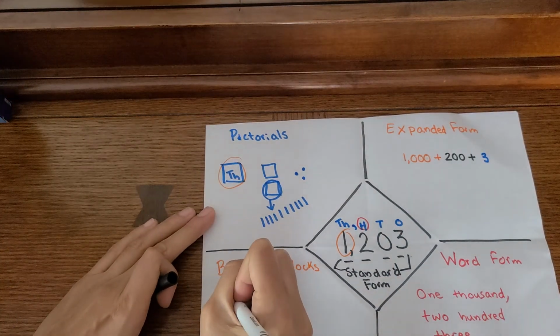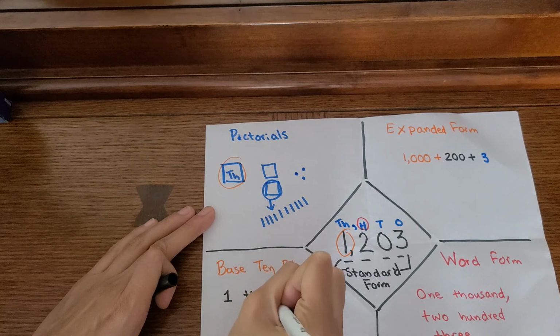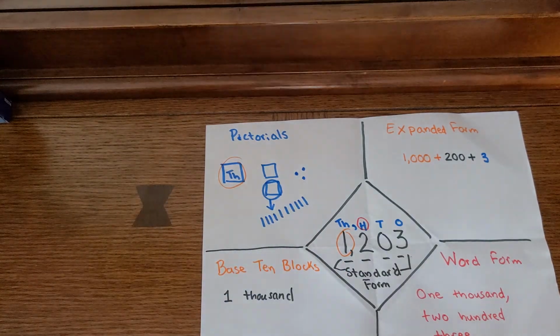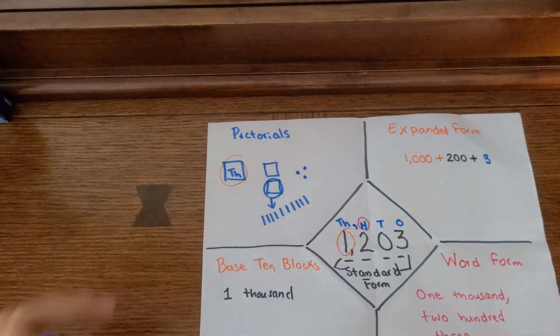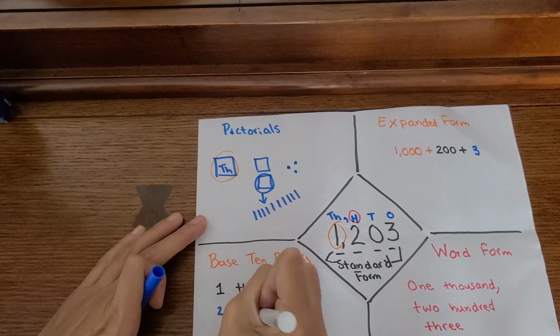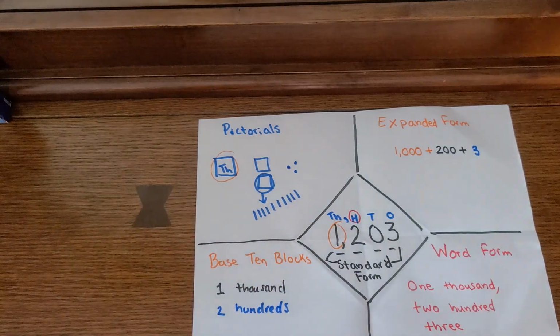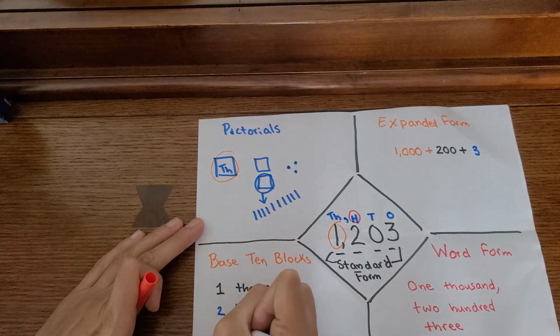Okay, what I mean about base 10 blocks is this. So I have 1 of the thousands block, 1,000. Right now, if I use the quick one, let's say I just use that one, I have 2 hundreds blocks. I don't have to put anything about tens, but I could put 0, none of the tens block.